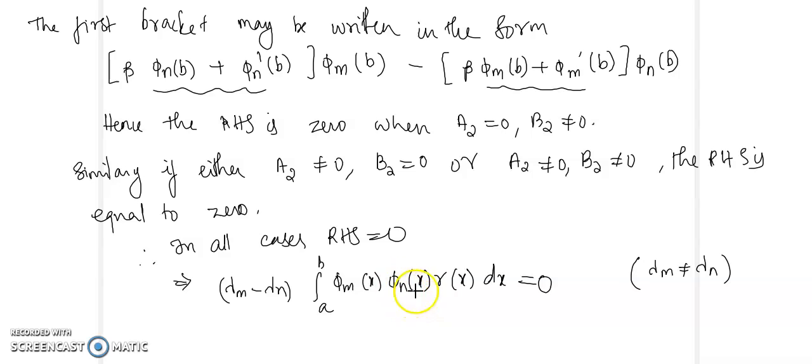When the product is 0, one of the terms must be 0. Lambda m minus lambda n cannot be 0. So that implies the integral a to b phi m of x phi n of x r of x dx must be equal to 0. So therefore we have got that phi m and phi n are orthogonal with respect to the weight function r.